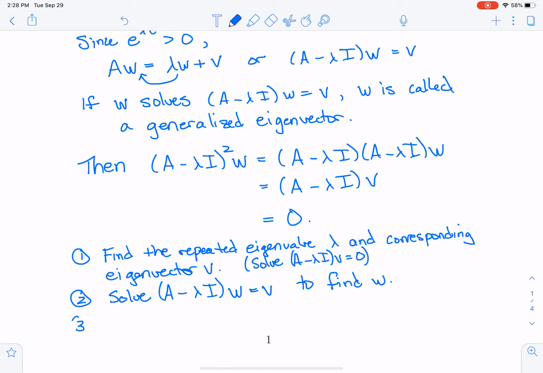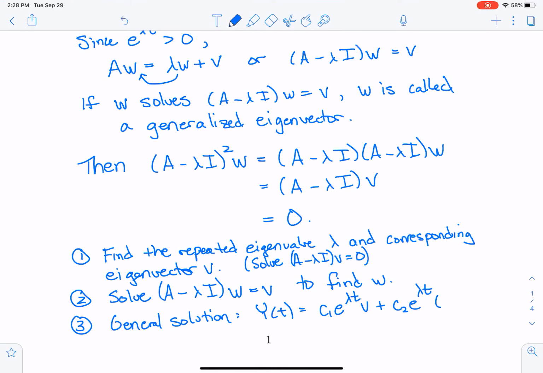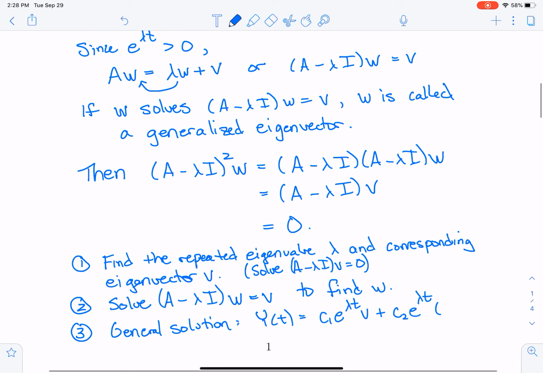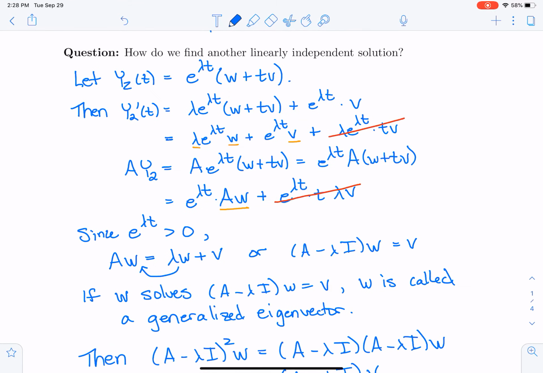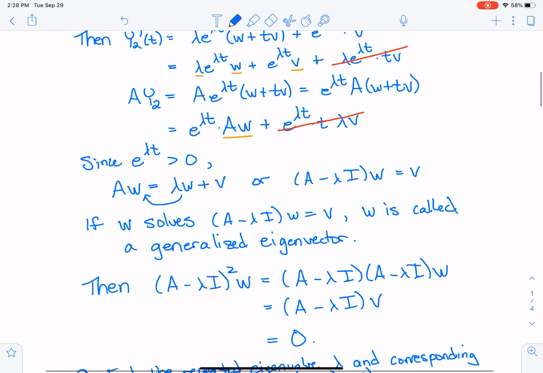And then finally, our general solution would be y of t equals c1 e to the lambda t v plus c2 e to the lambda t times, looking at the form of our second solution, it would be w plus t times v.